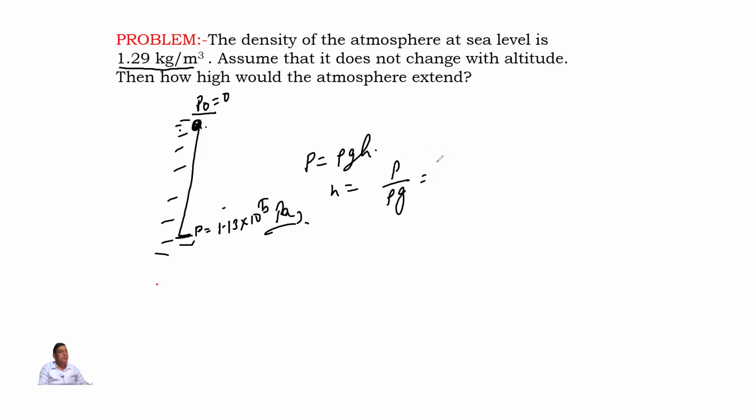So P is how much? It is 1.1, I'm taking it for the sake of calculation. Rho is 1.29, and g is 9.8, or we may take it as 10 for easy calculation.